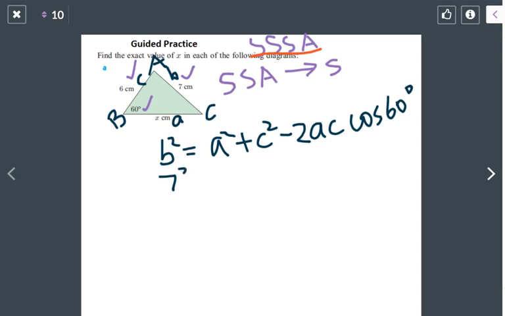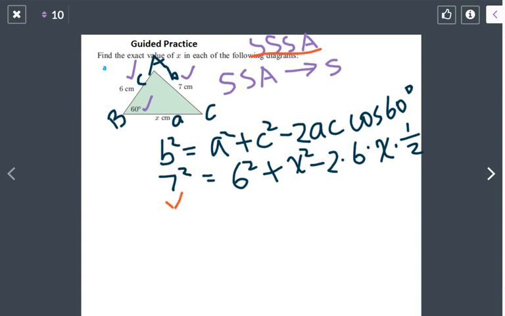So it has 7 squared equals 6 squared plus x squared minus 2 times 6 times x times 1 over 2. So normally I will put this one as y1. Just use calculator to solve. This is y2.